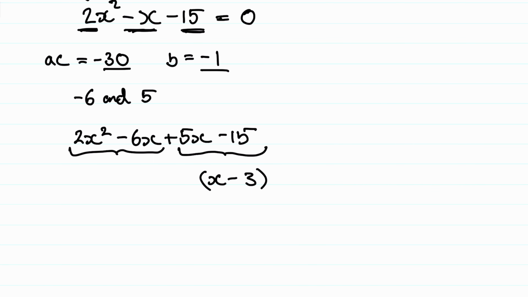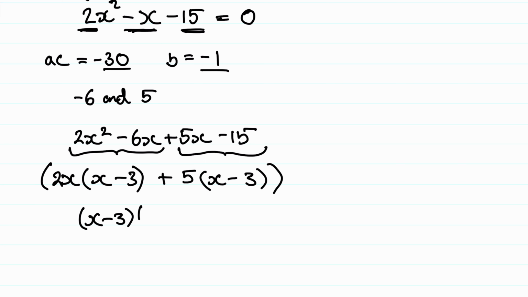In the second one, it's obviously multiplied by a 5, and in the first one, it would be 2x multiplied by x minus 3. So now we have two terms in terms of x minus 3, so we can take this common factor of x minus 3 out in front of the whole expression, and our second bracket would just contain 2x plus 5.